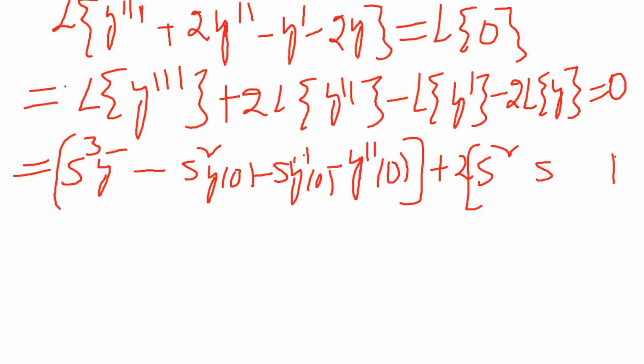So here first value positive and remaining values are negative: y bar minus y of 0 minus y dash of 0.